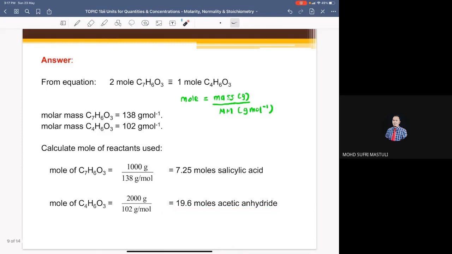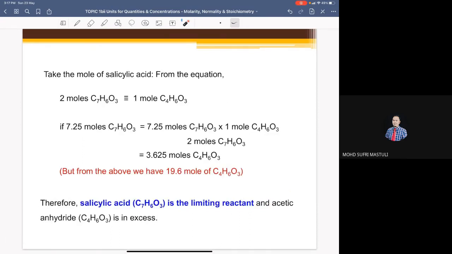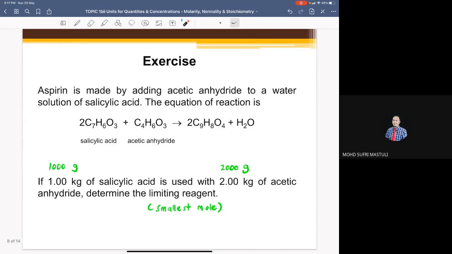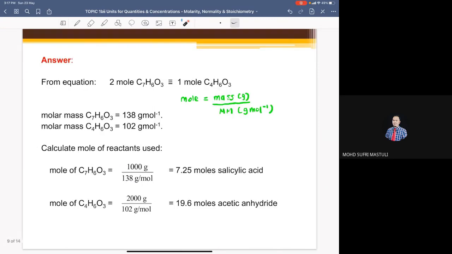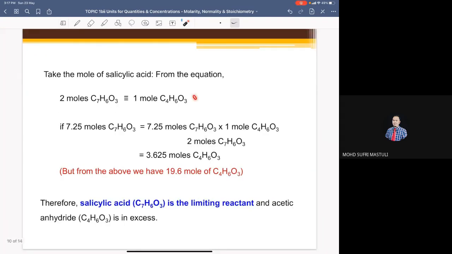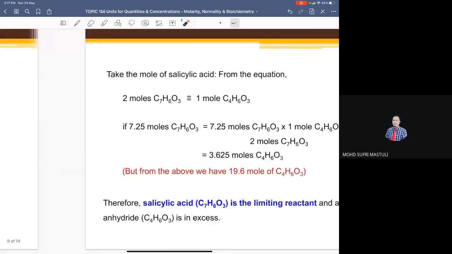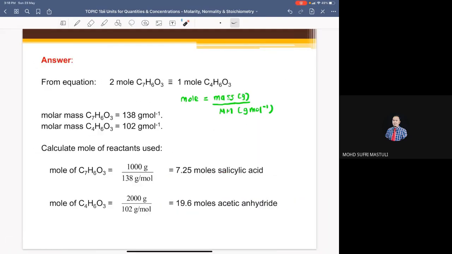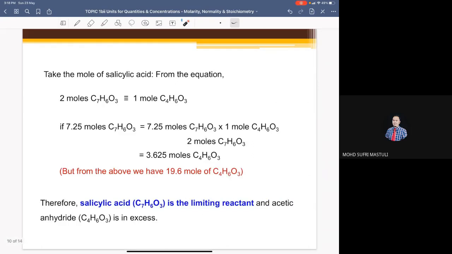Okay, so for example, we take the mole of salicylic acid. From the equation, we know 2 moles of salicylic acid will react with 1 mole of acetic anhydride. From the calculation we did just now, the mole number of C7H6O3 is 7.25 moles.